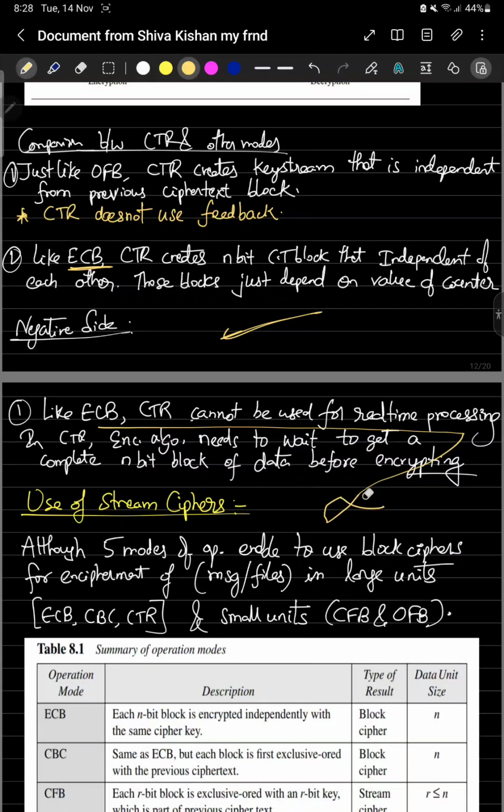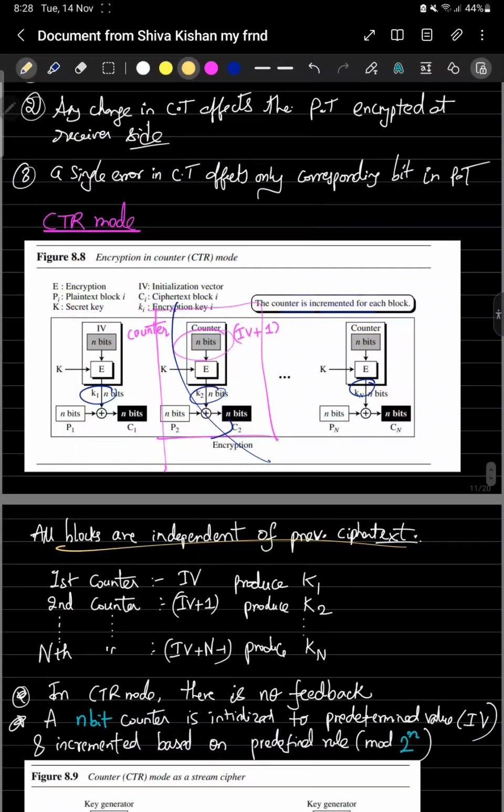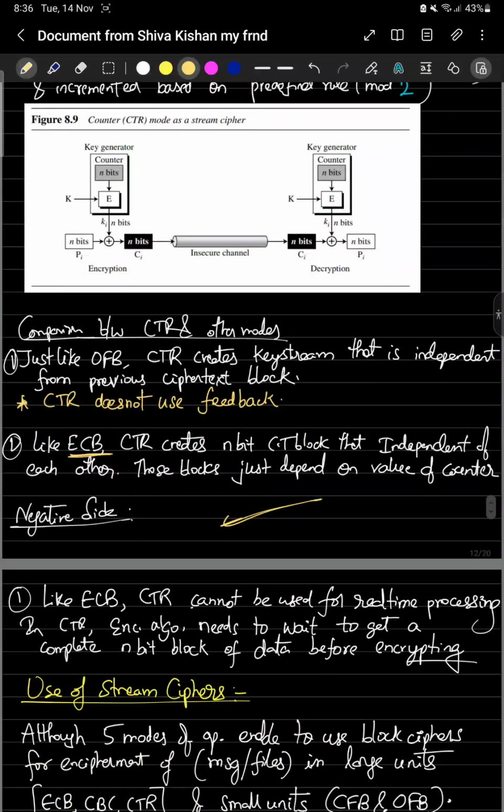for real-time processing. Why can CTR not be used for real-time processing? Like ECB, CTR creates n-bit ciphertext blocks that are independent of each other.